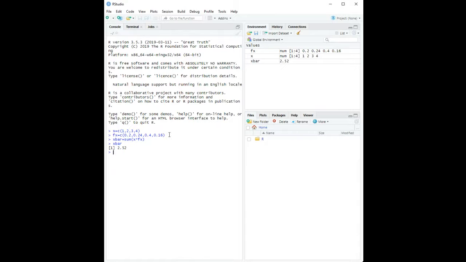For the variance, this is also part of the formula, it's in the chapter, kind of just gives you an idea on how to write it out.